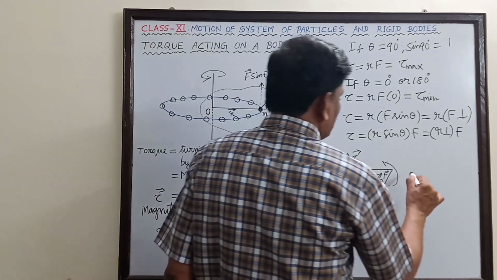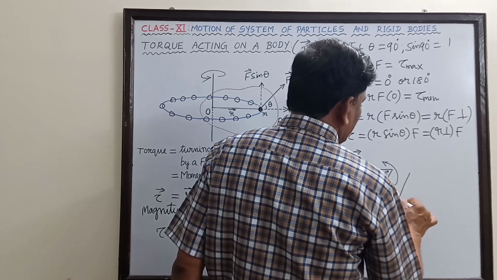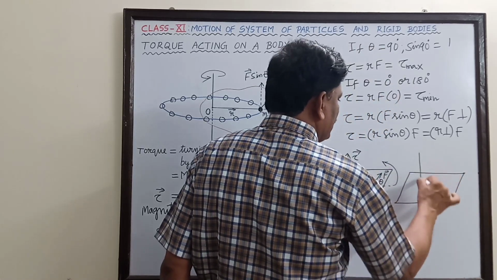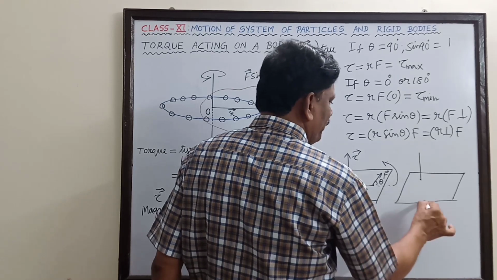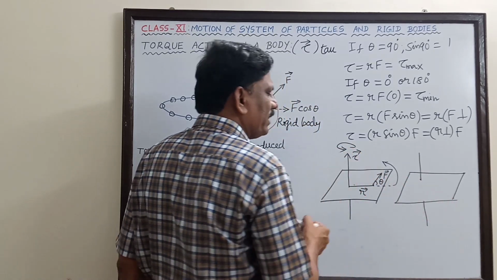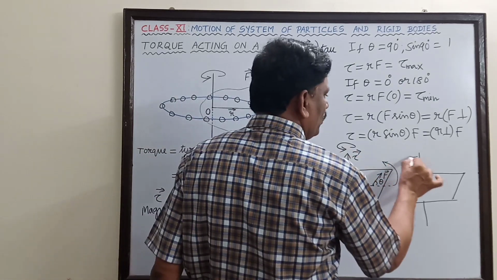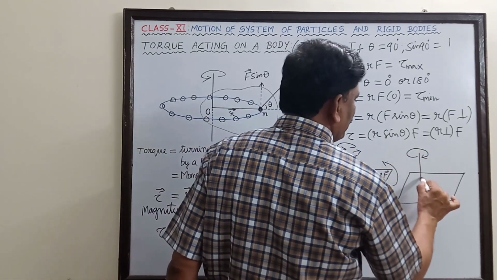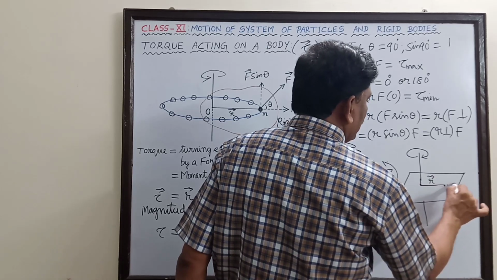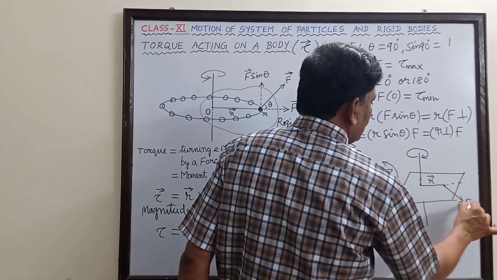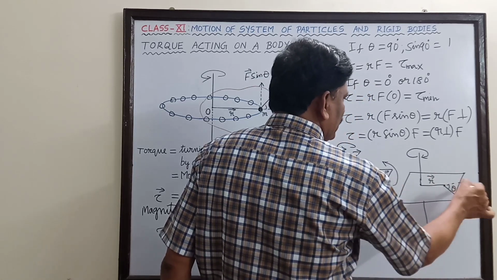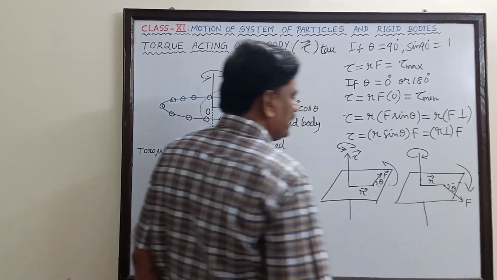Now suppose you take the cross product of the two vectors in the clockwise direction. Here the body is rotating in the anti-clockwise direction. In the clockwise case, this is the R vector and this is F, so in this case the rotation will be in the clockwise direction.